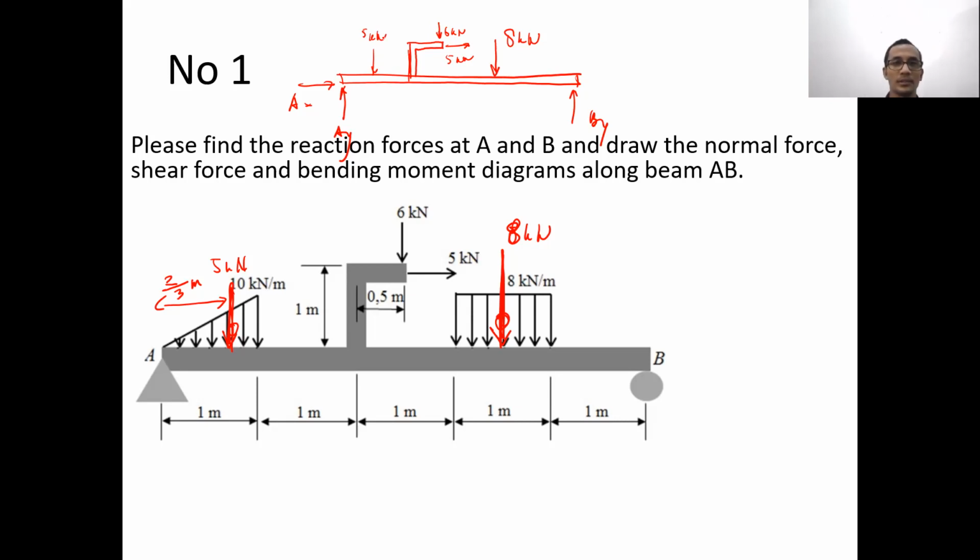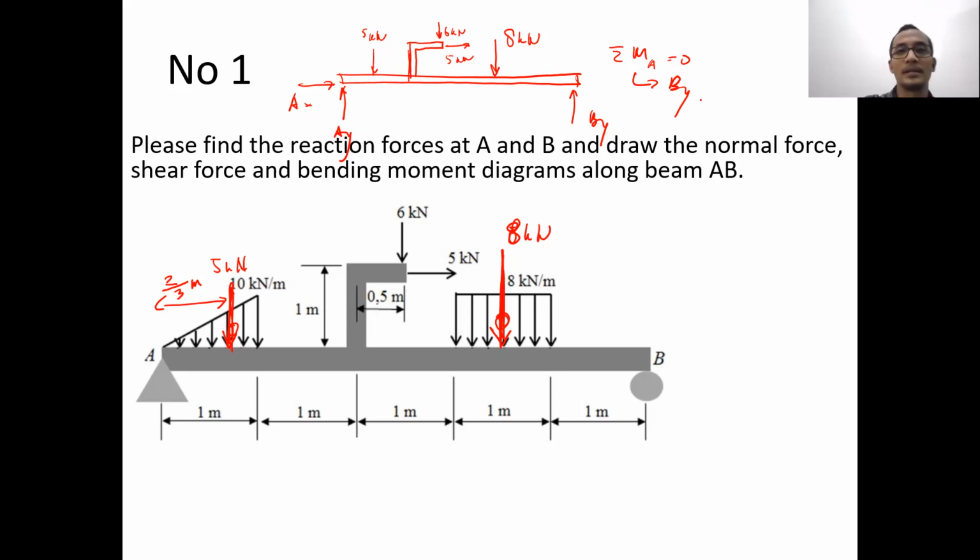Okay, as usual, we can start with this one. Sigma moment at A equal to 0 in order to find By. Correct, right? Then after using this, we will be able to find By. I will not try to solve it because I want to discuss more problems with you guys; the calculation is up to you.